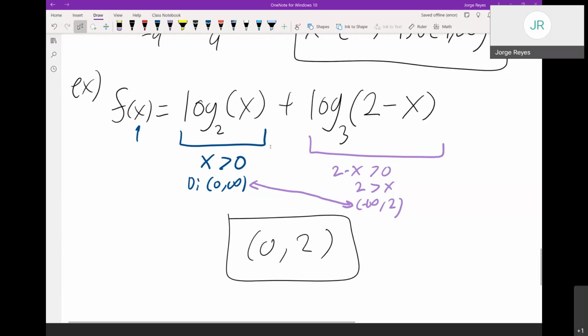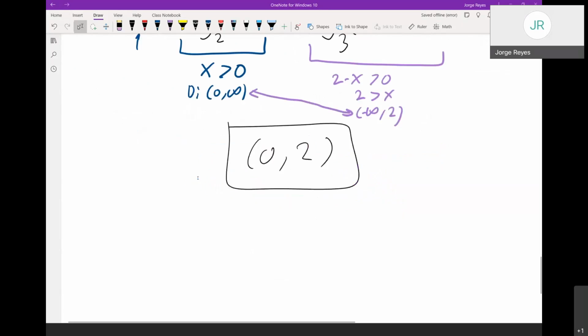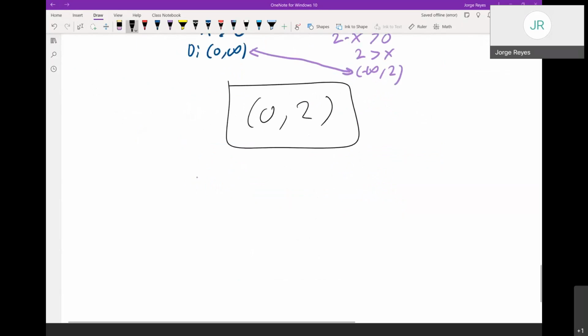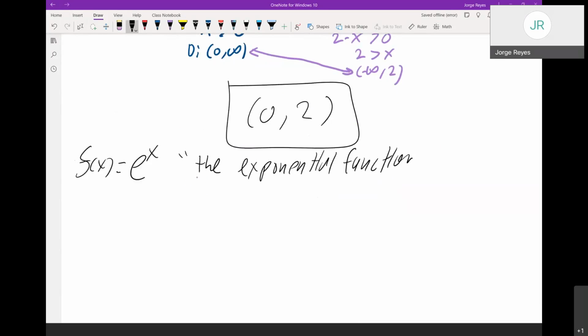Now, if you remember, in the last section I called e to the power x the exponential function. So it has an inverse, right? Because it's just an exponential function. So this has an inverse function, and f inverse would be what we call log base e of x, but this has a special form.